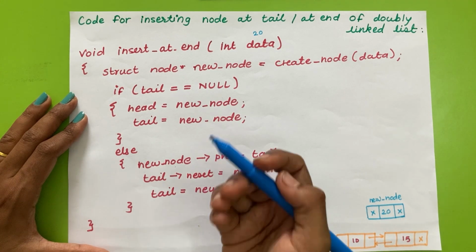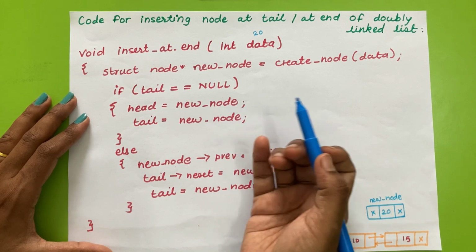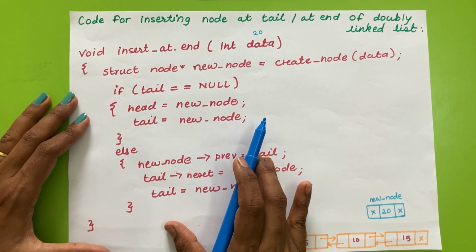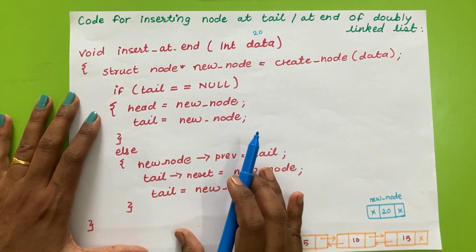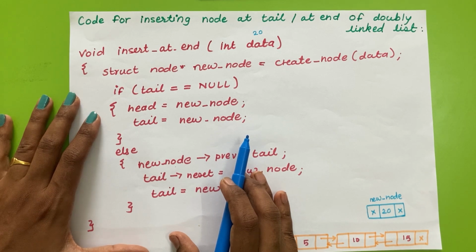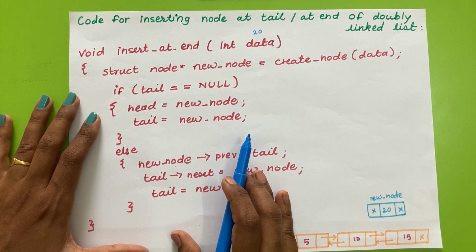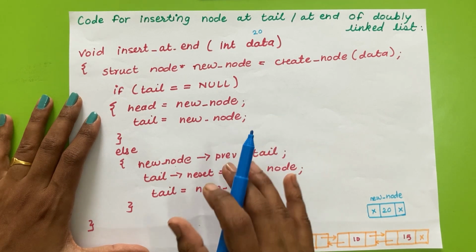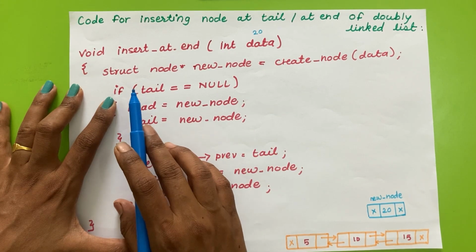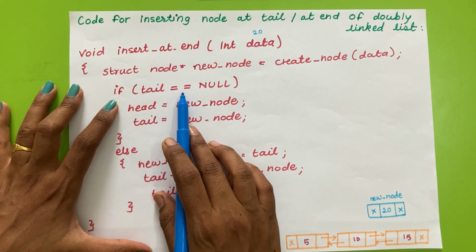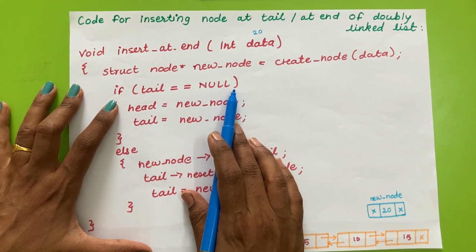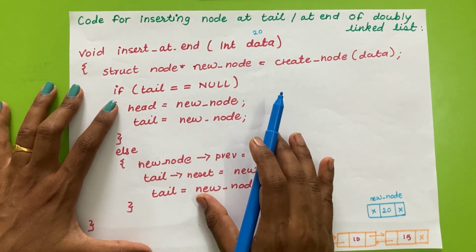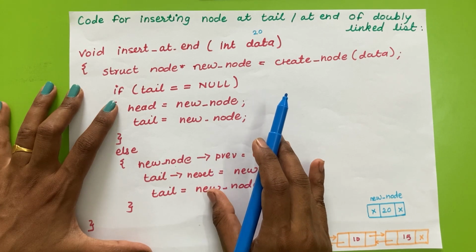Okay, so while inserting a node at the tail, first we have to check whether the linked list exists or not. So for that purpose we have checked the first condition, that is if tail is equal to null, because if we have a single node in the linked list, then head is equal to tail.